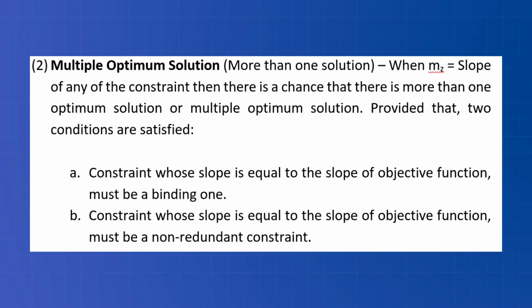Condition 1, the constraint whose slope is equal to the slope of objective function must be a binding one. Condition 2, the constraint whose slope is equal to the slope of objective function must be a non-redundant constraint.